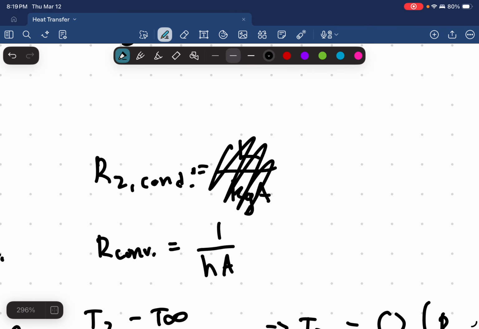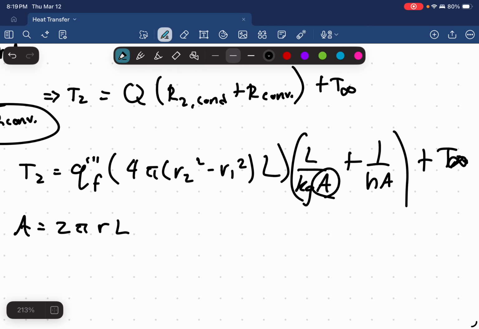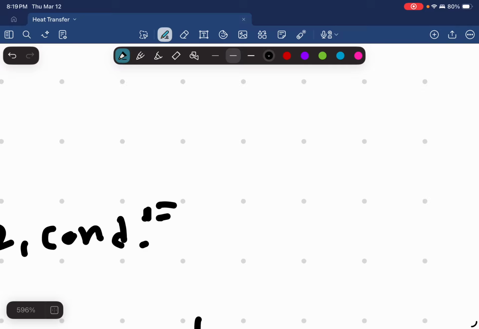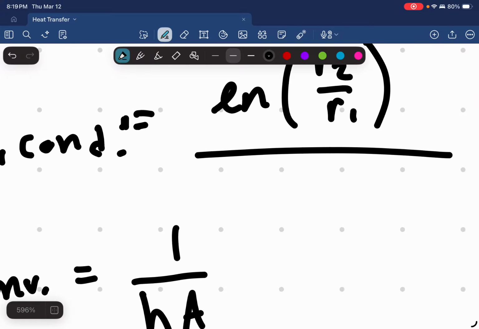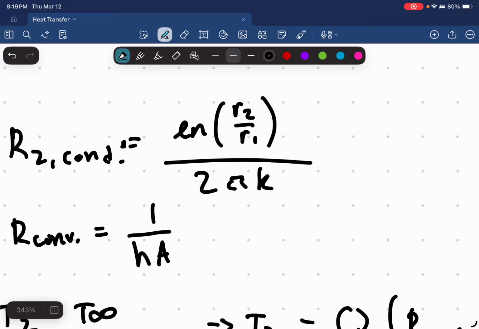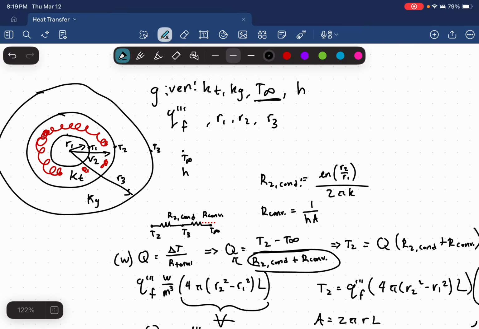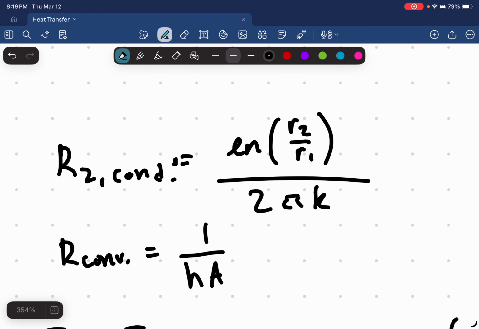Right here, the thermal resistance for conduction that I used was for Cartesian coordinates, but for cylindrical coordinates, it's actually ln of R2 over R1 divided by 2 pi, and then the thermal conductivity, so that would be for KT.